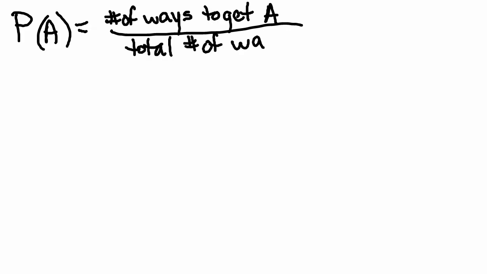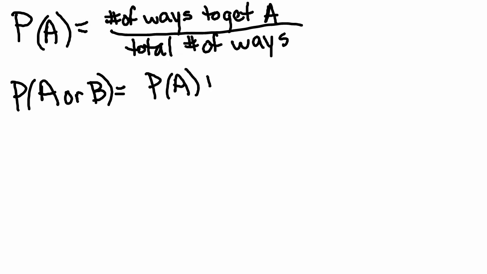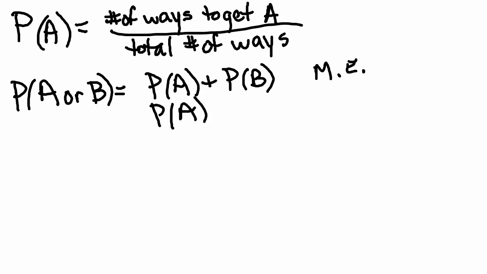Okay, so that's the basic probability. Probability that it's A or B is addition if it's mutually exclusive. If it's not mutually exclusive, then you have to subtract out the part that overlaps.